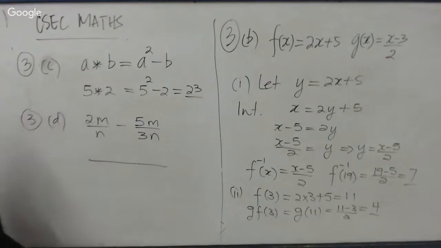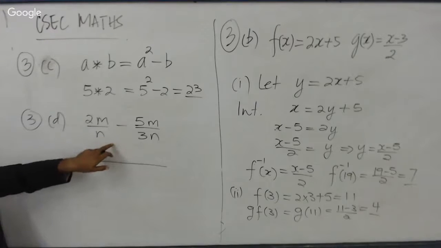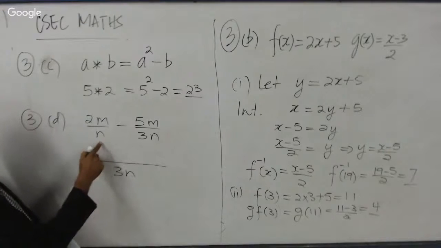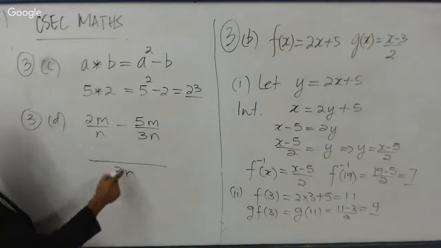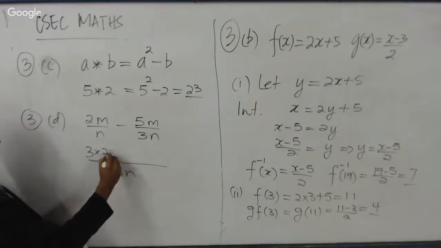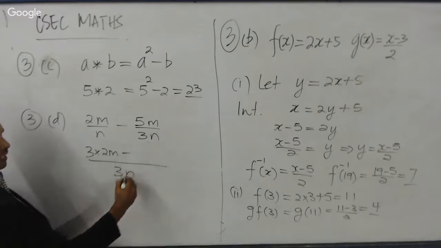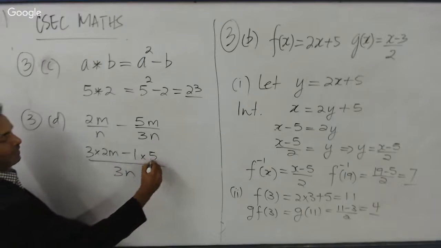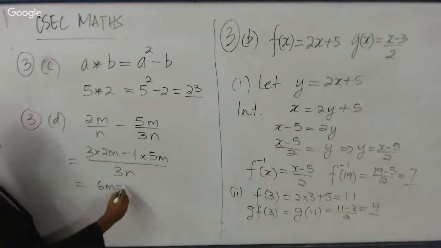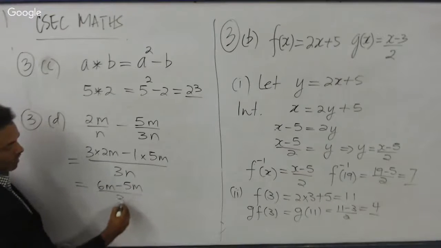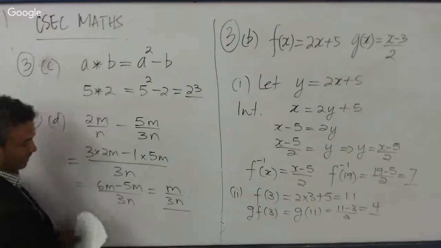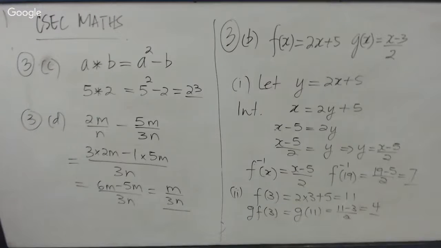LCM can use 3n, right? 3n is the LCM, because n can go into 3n. n into 3n is 3, so it's going to be 3 times 2m, minus 1, 3n into 3n is 1 times the 5m. Or you could use brackets, so what you end up getting is 6m minus 5m over 3n, so the answer is m over 3n, and that's the answer.